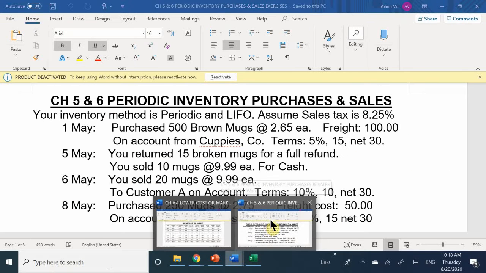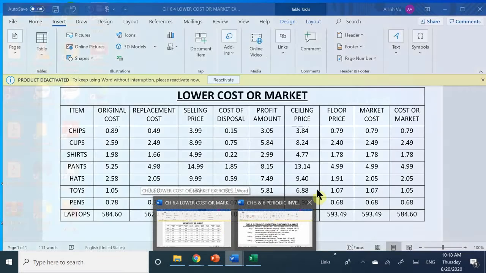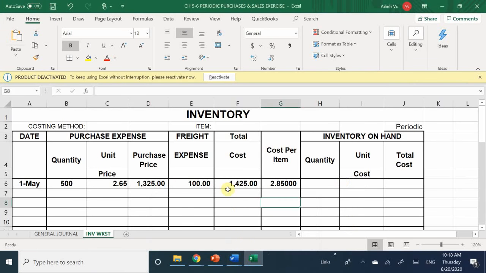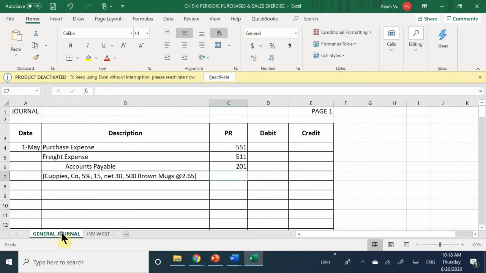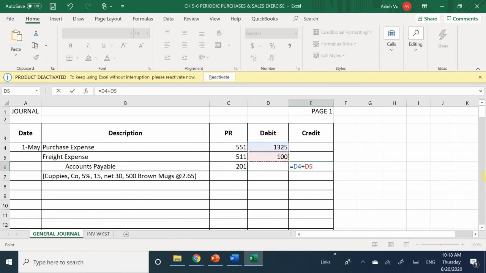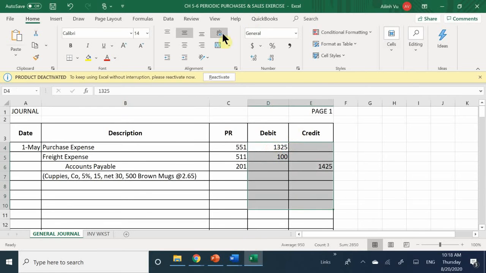What happened next? Oh, no, let's go ahead and go back to our journal and journalize this amount. So we're going to journalize the $1,325 plus the $100 freight. All right, so back to our journal. We have $1,325 and we have $100 freight, which in this case, my total accounts payable is going to be $1,425.